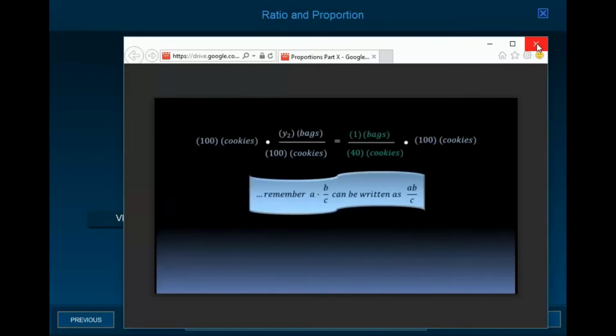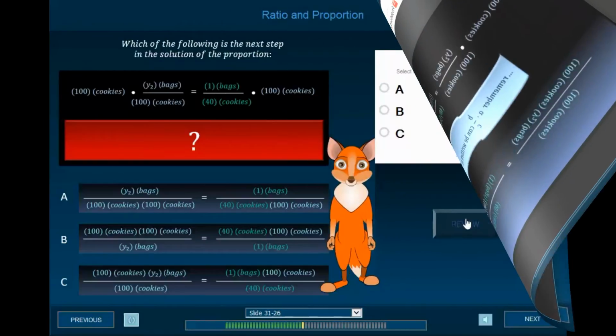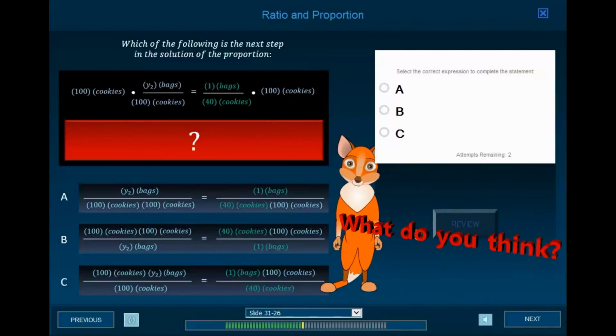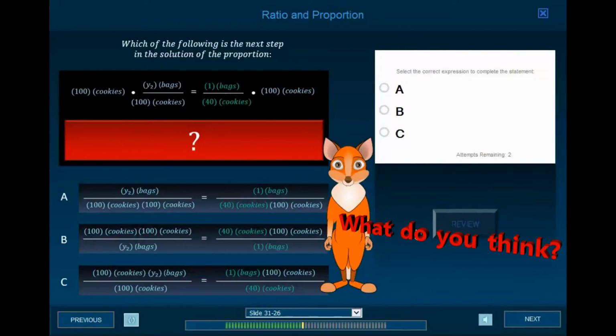In the same way, we can write on the right-hand side 1 bag times 100 cookies all over 40 cookies. Which of the following is the next step in the solution of the proportion?